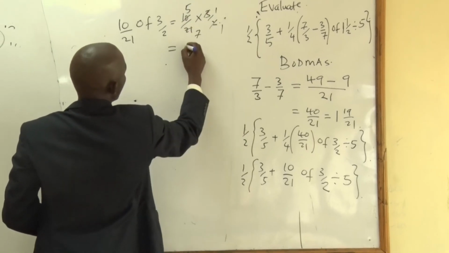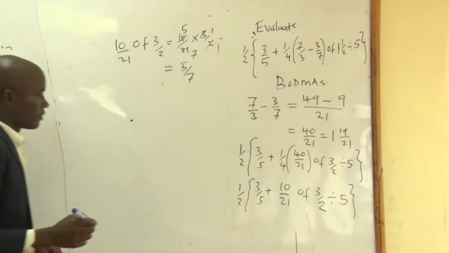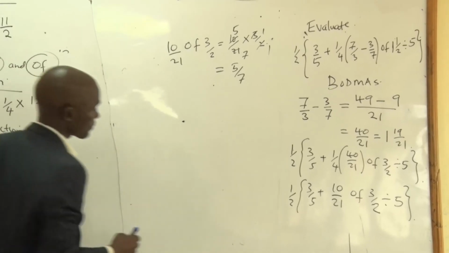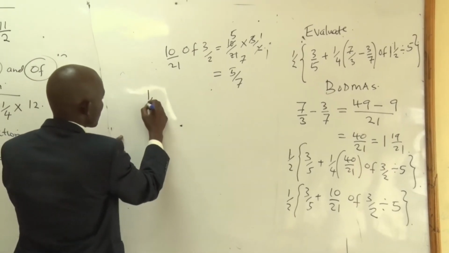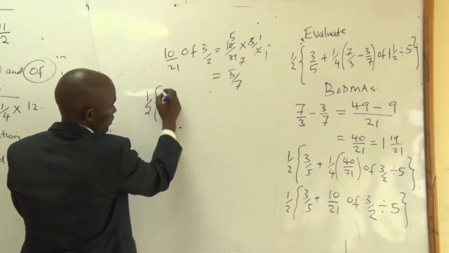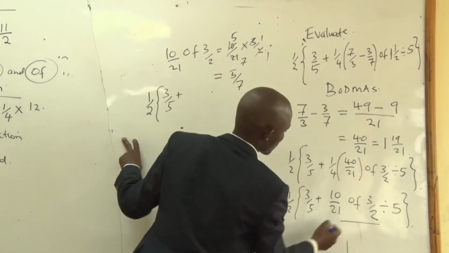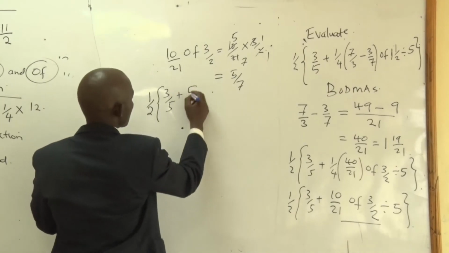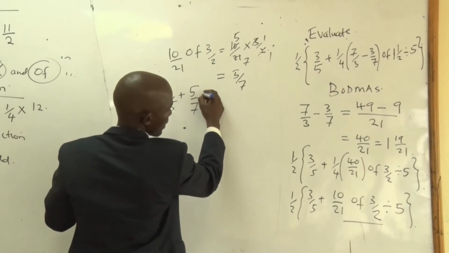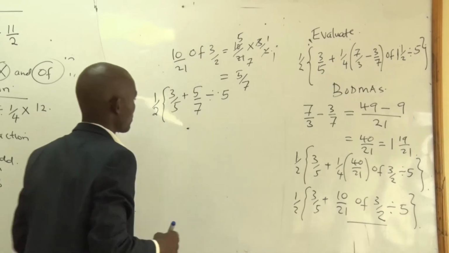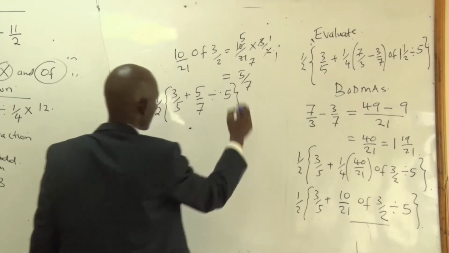So we have 5 over 7. Now the expression reduces to 3 over 5 plus this portion, represented by 5 over 7 divided by 5.